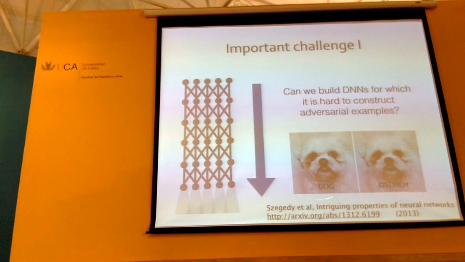So say an image was correctly classified as dog, and then you can use gradient search to find a minimal perturbation to the input image in order to change the classification of the network. And that's the result. So basically there's no perceptual change between these two images, yet now it's classified as an ostrich. And I think that you can change any object to an ostrich if you want.